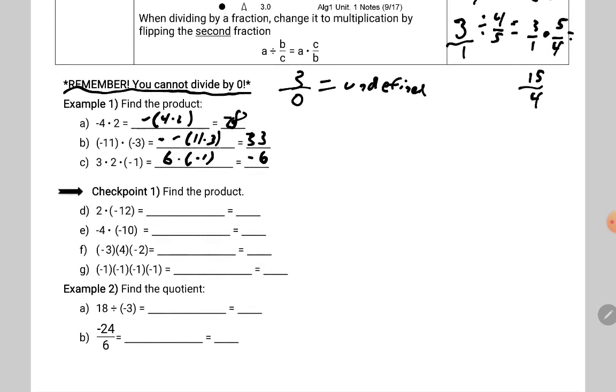Part D. I'm just putting the negative outside, and then I'm doing 2 times 12. 2 times 12 is 24, and then the negative gets reattached. So we have two negatives, negative, negative, 4 times 10. So this is a positive 40.